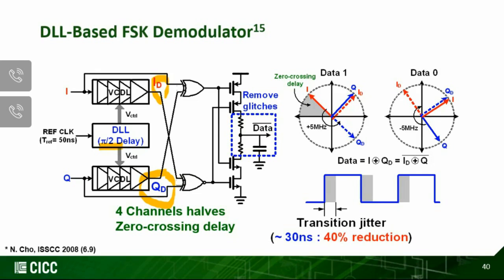This will generate the QD phasor as well as ID, as you can see over here, which will reduce the transition jitter by half. Zero-crossing delay is reduced by half. As a result, around 40% reduction in total transition jitter is obtained with this simple scheme.